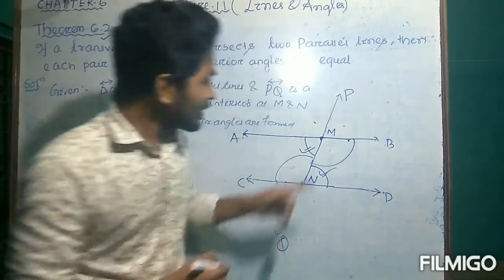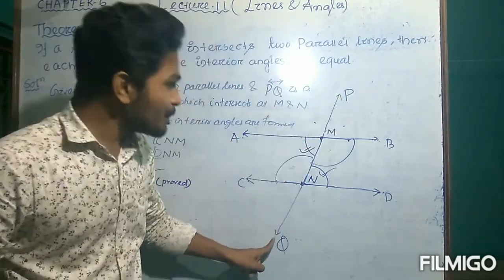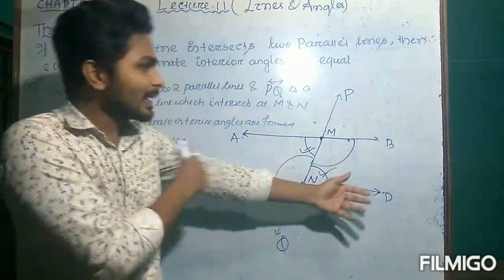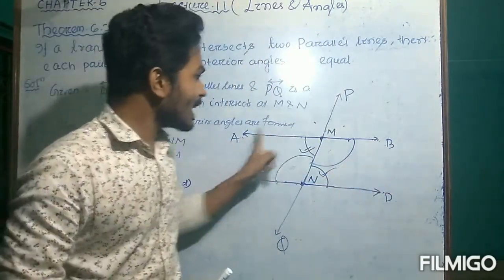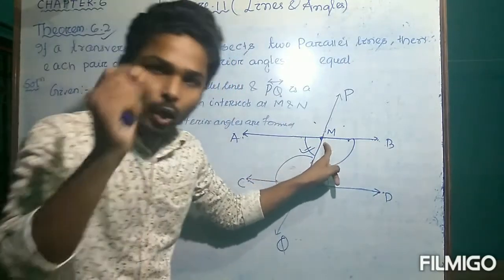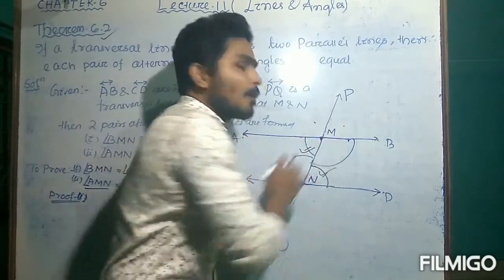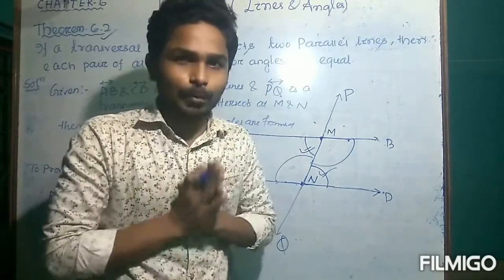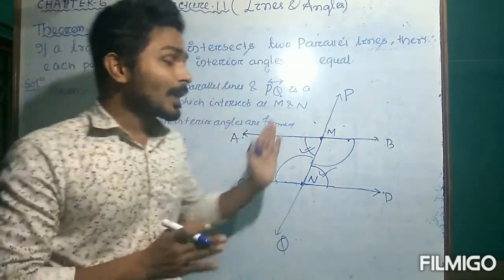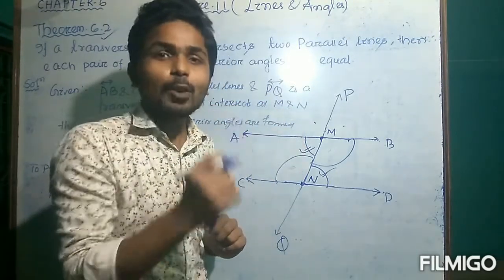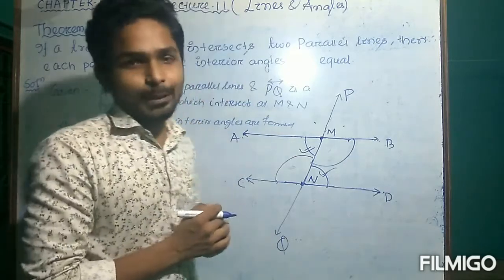Now let us consider the straight line PQ and the line AB. Forget about the line CD, forget it. Now the line PQ and the line AB intersect each other at a common point M, right? Then two pairs of vertically opposite angles are formed. Understood? According to theorem 6.1, the vertically opposite angles are equal.